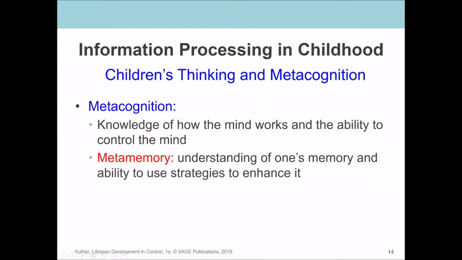Theory of mind is a precursor to metacognition. Metacognition is the knowledge of how the mind works and also the ability to control the mind. So, thinking about thought itself. We see a bit of this emerge in childhood. Between ages 2 and 5, children start to understand or think about thought, but it's really not fully developed at that time.